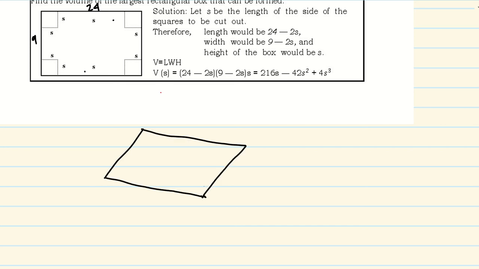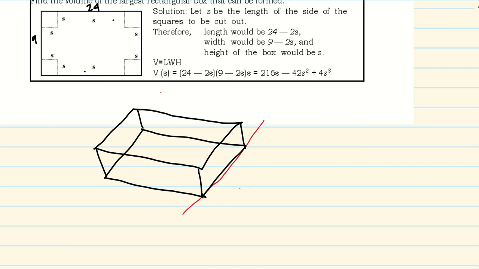Let's draw a box, with identical sides. Supposedly we have a width that is 9 centimeters, but we have cut the sides, and the sides are to be here.